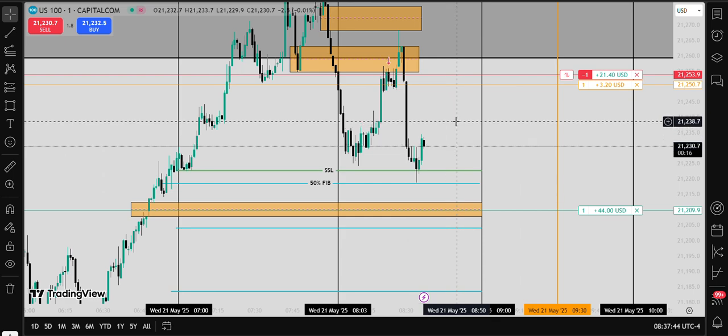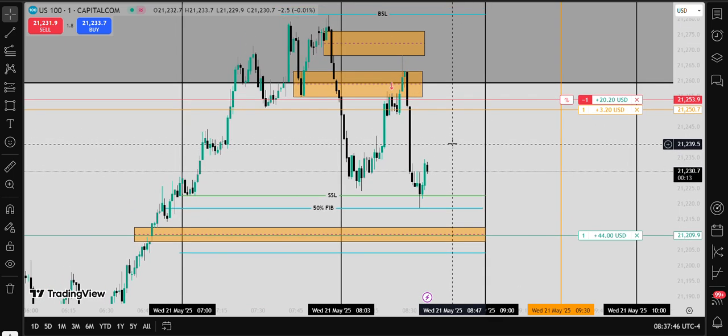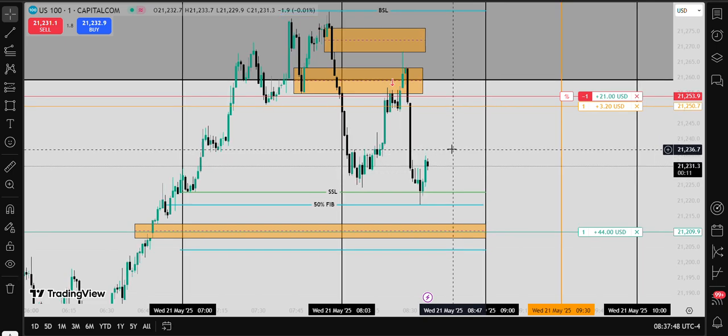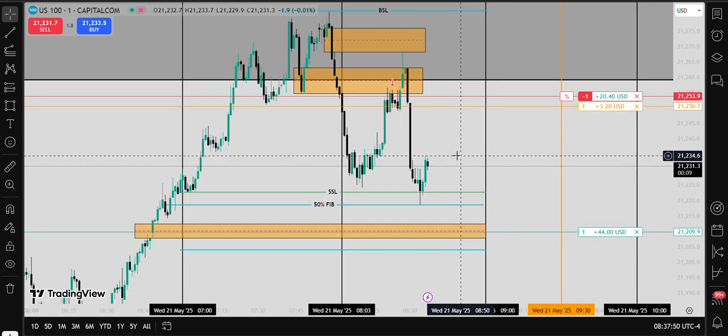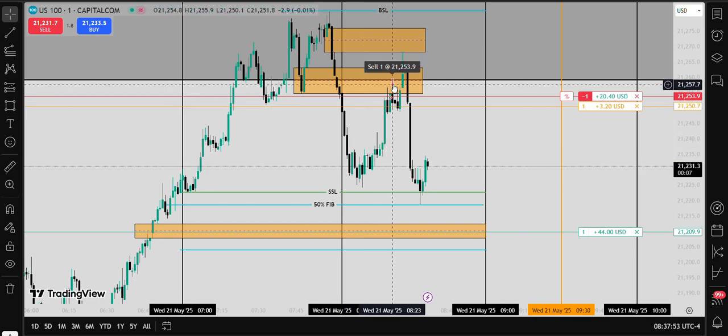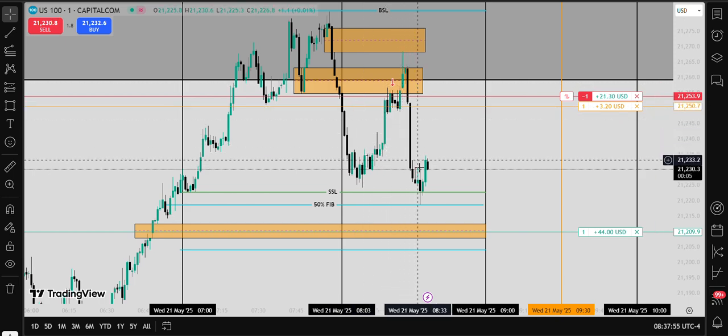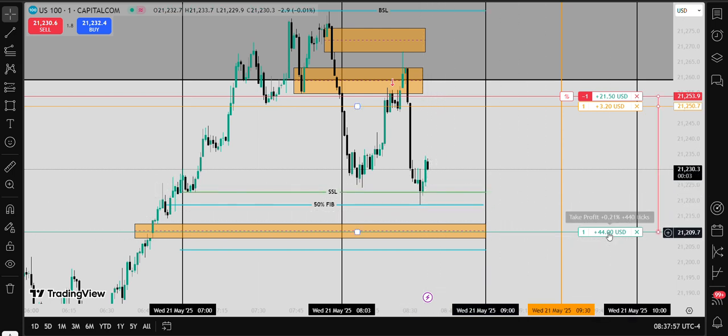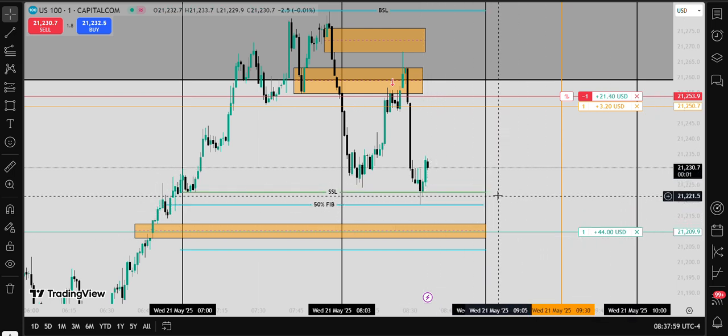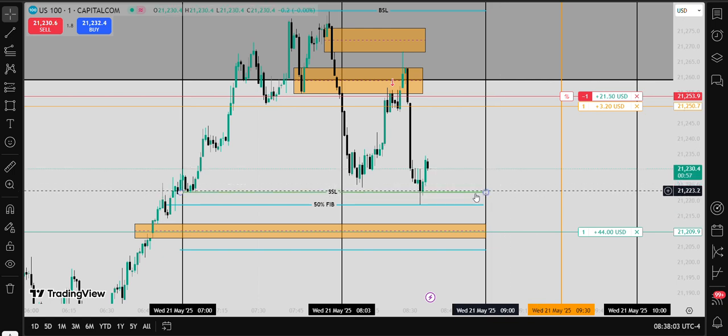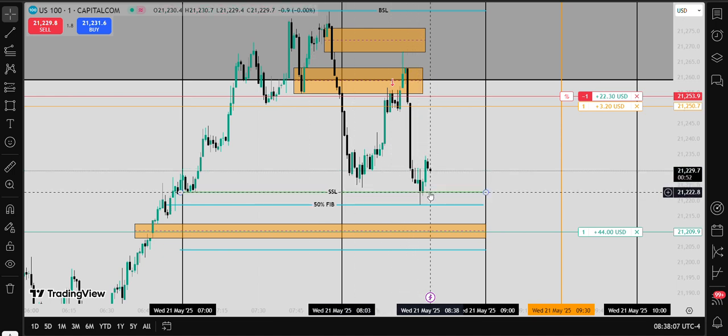The only thing that I've done today is, once I saw that this was a good entry, I trailed my take profit to a place where I'm not supposed to be, because ICT says you're supposed to take the lowest hanging fruit, which is right at the sell side liquidity.